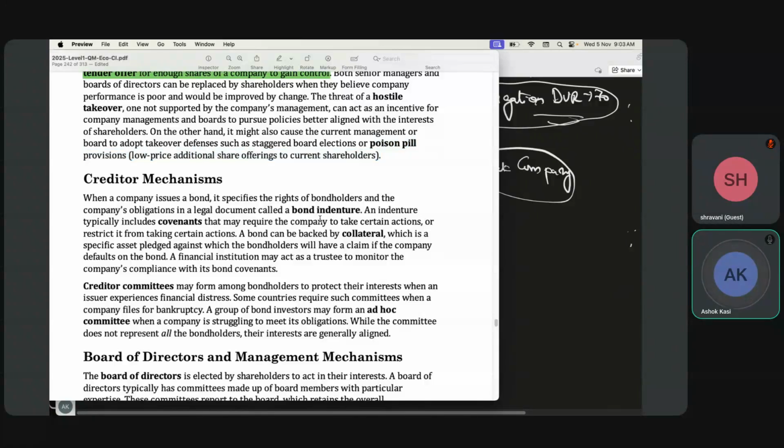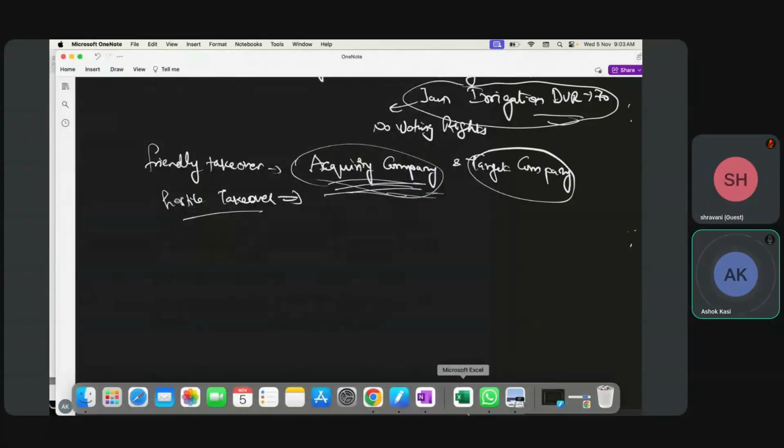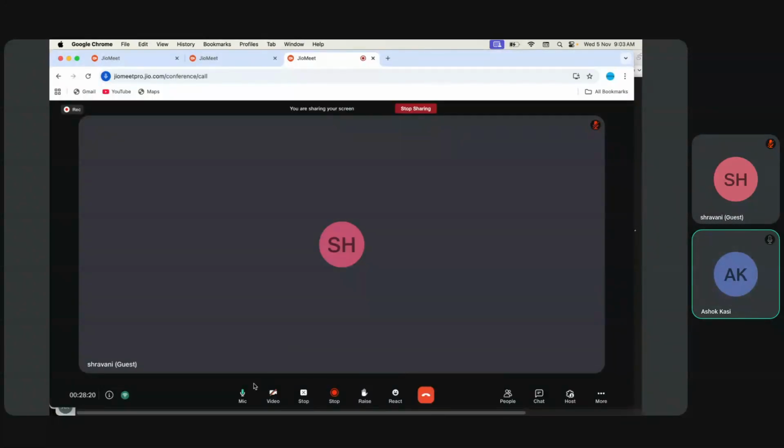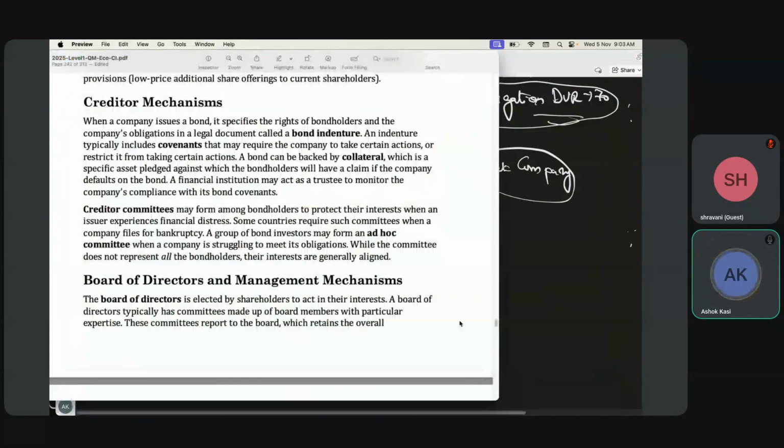Then bond indenture means what? Bond indenture, as in the prospectus. And then covenant.